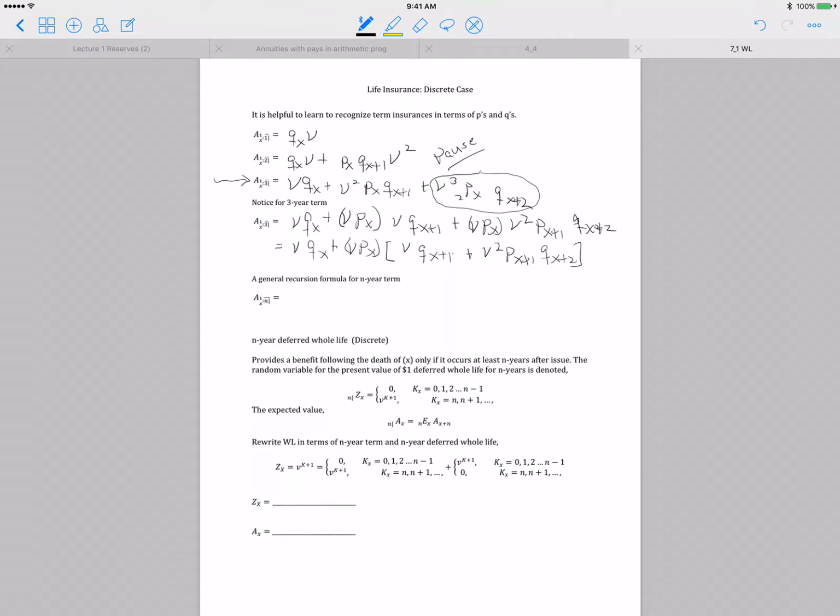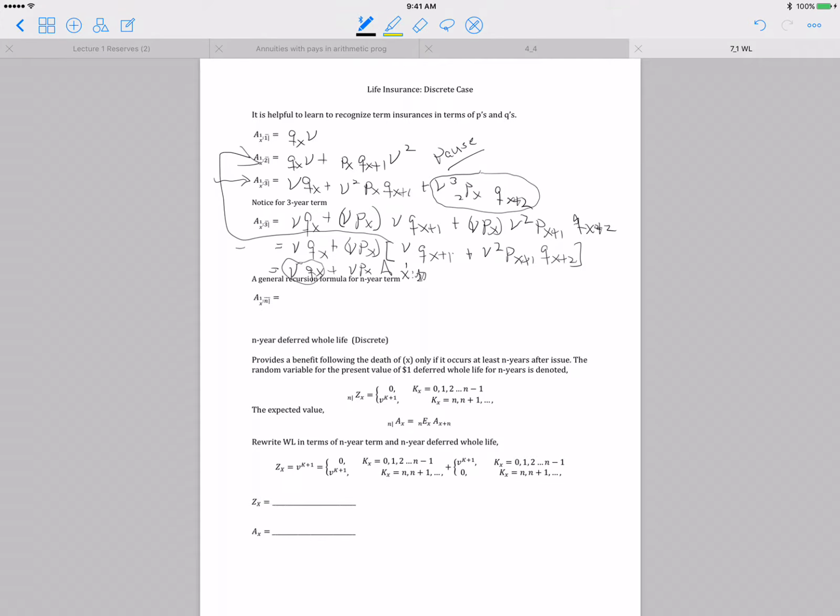And what's in brackets looks a whole lot like 2-year term insurance, where x has been replaced by x plus 1. And indeed, it is. So the recursion formula for 3-year term insurance looks like this. So it's 1-year term, plus if you survive the first year, you get a 2-year term policy.